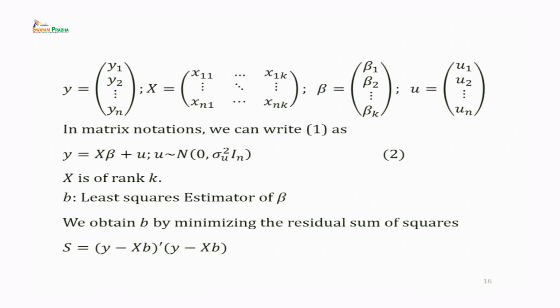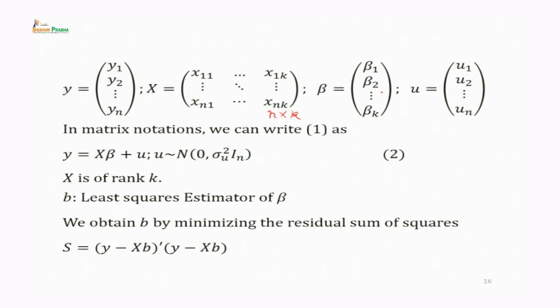Now, we write the model using matrix notations. So, y is an n cross 1 vector of observations on the dependent variable y. X is this n cross k matrix of observations on each of k independent variables, or each of k input variables.